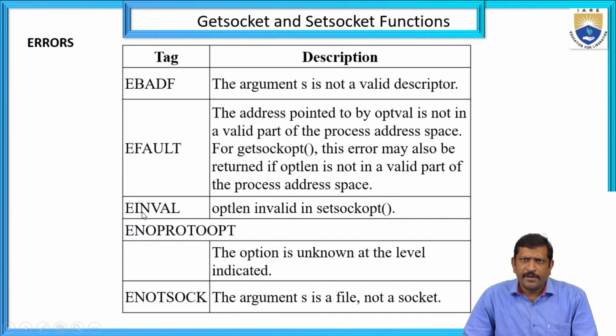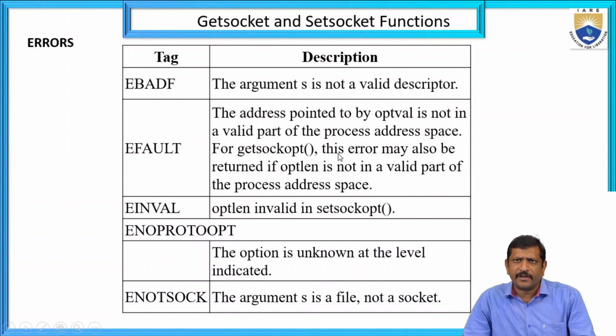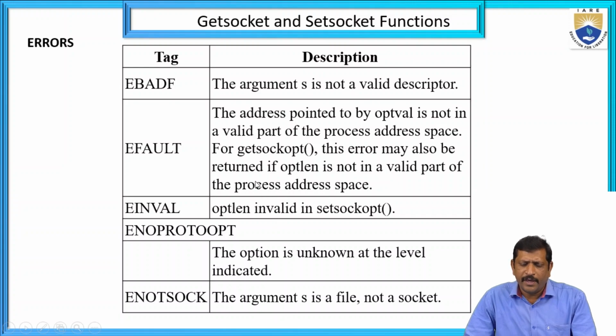Here is EINVAL, that means invalid value: the opt length is invalid in the set socket option function call. And ENOPROTOOPT: this option is unknown at the indicated level.